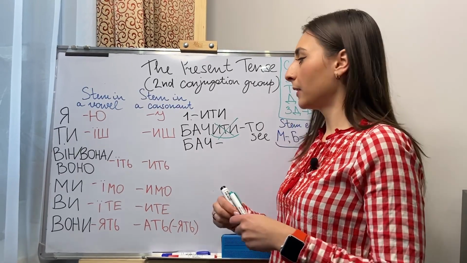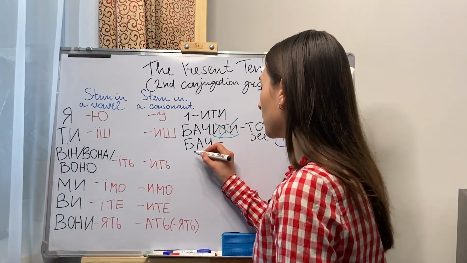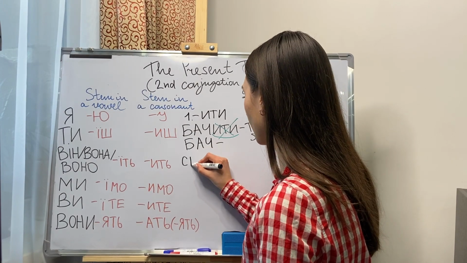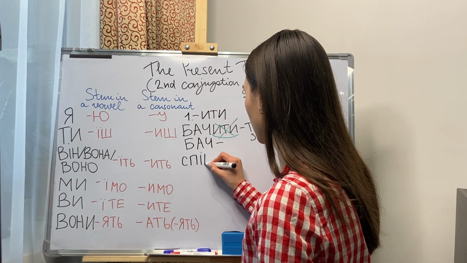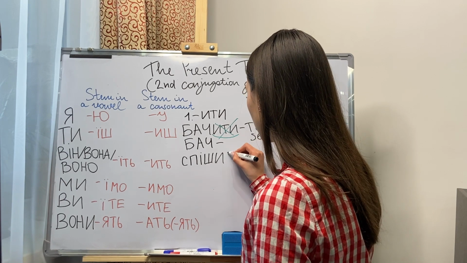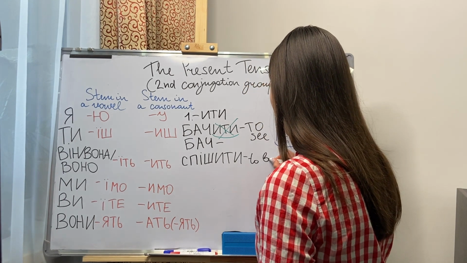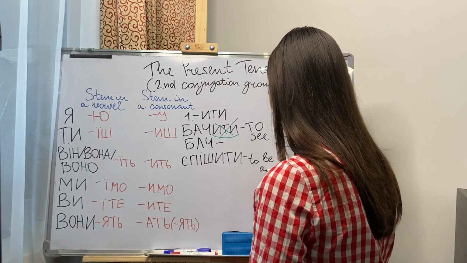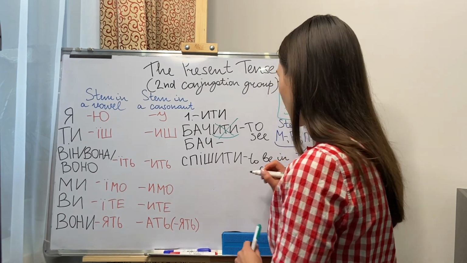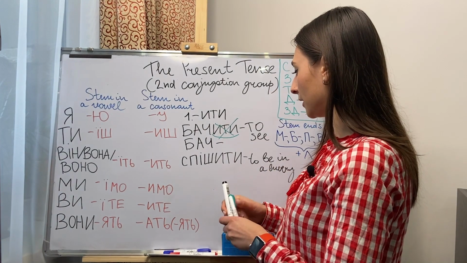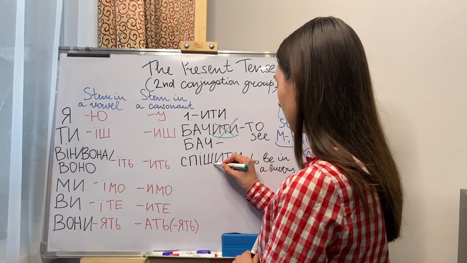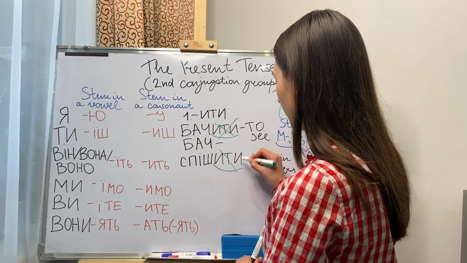The next example with the same ending is спішити. Спішити, it means to be in a hurry. So спішити. You see, it ends in ити. We drop it.